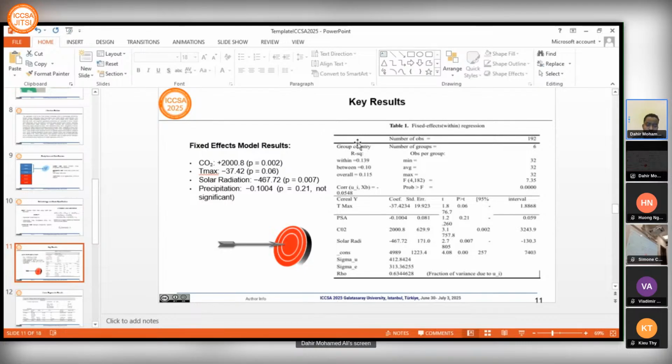Carbon dioxide level has a positive and highly significant effect on cereal productivity, with a coefficient of 0.2, indicating potential fertilization effects and indirect benefits. Solar radiation also shows a significant negative impact, with a coefficient around negative 0.4, which implies that an increase in solar radiation may reduce cereal yield in this context.